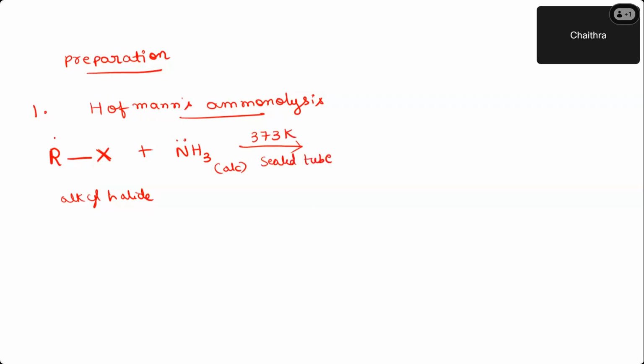Now you tell me what happens. You know that alkyl halide is polar in nature, right? Who is more electronegative among R or carbon and halogen? Halogen is more electronegative, right? So it pulls both the electrons towards itself. So this gets a partial negative charge, this gets a partial positive charge, right? Now this became electron deficient.